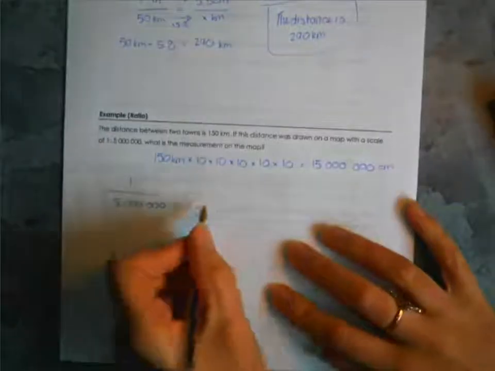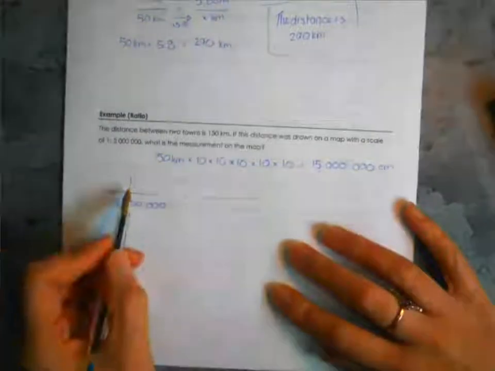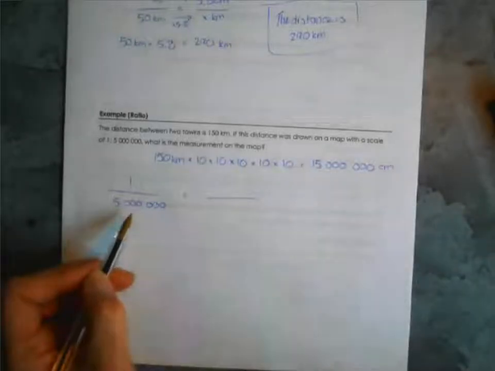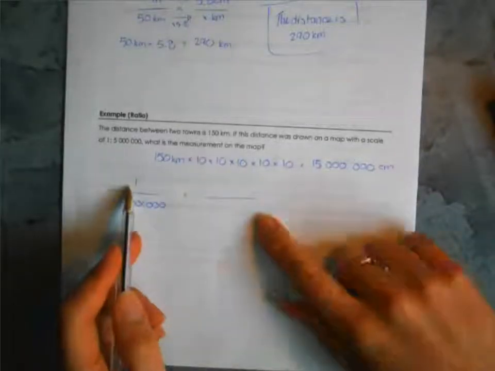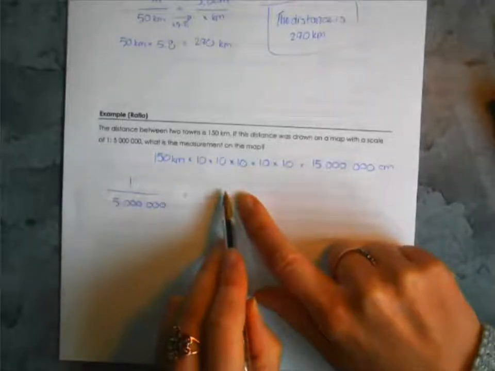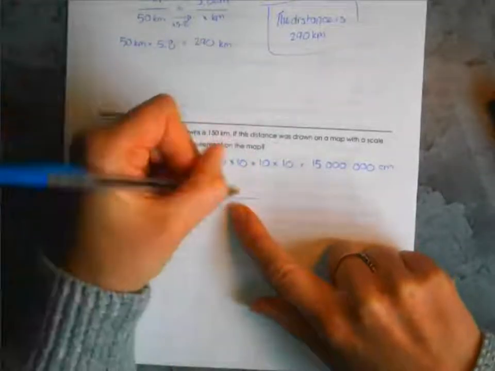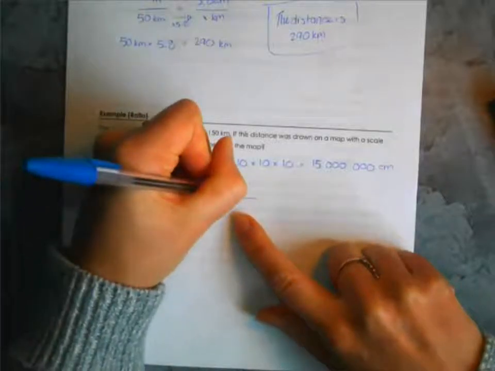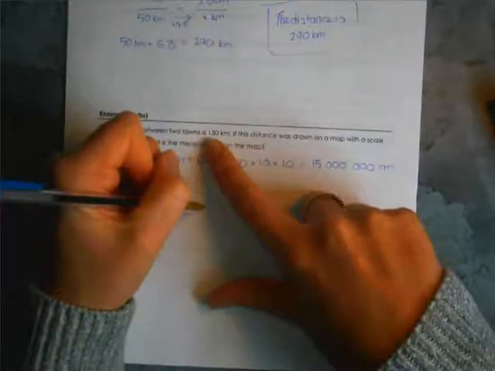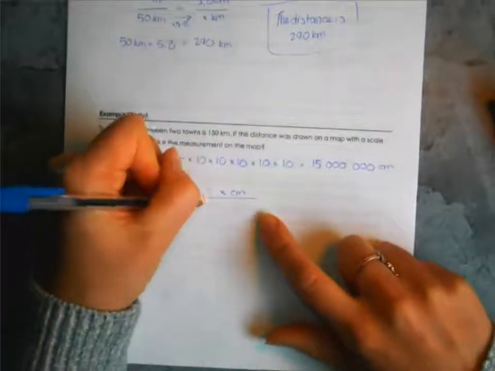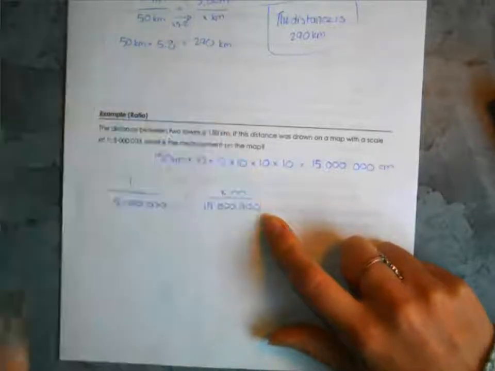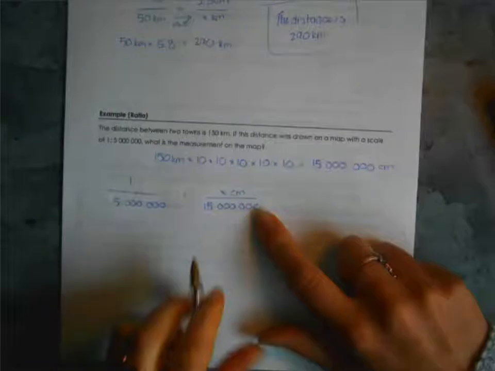So this is my measurement on the map for the scale, then I want to have my measurement for the actual distance on the top as well. So that's going to be X centimeters out of 150 kilometers, which is in real life 15 million.